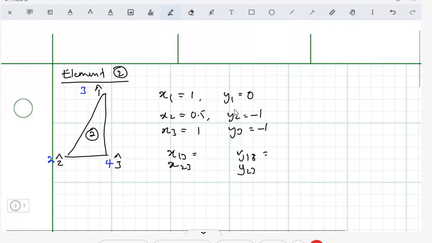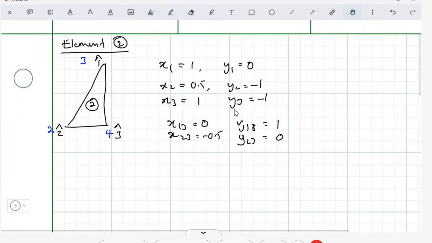So this is just the same thing as before. x1 minus x3 is 0. x2 minus x3 is minus 0.5. y1 minus y3 is 1, y2 minus y3 is 0. So we can get our J, which is just this number here, 0, 1, minus 0.5, 0.